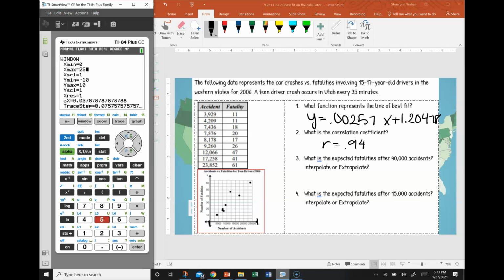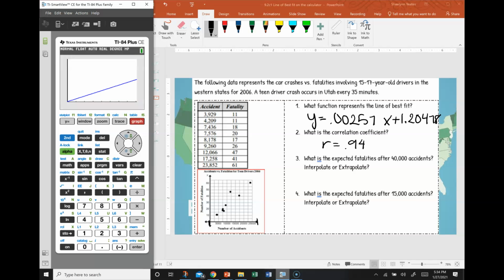Actually, I want it to go to 40,000 because I want to do 40,000 accidents. And I want it to count by, looks like it's counting by 5,000s. Okay. Then I want my y-min to be 0, and it looks like it's counting all the way up to 60. So we'll go with 60. Actually, we'll go with 200, just in case we get outside that range.